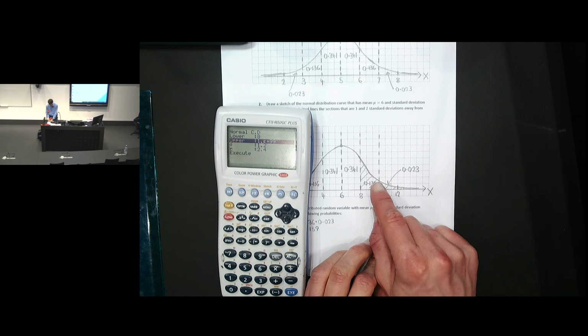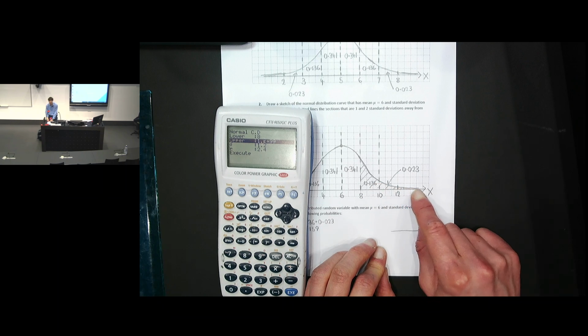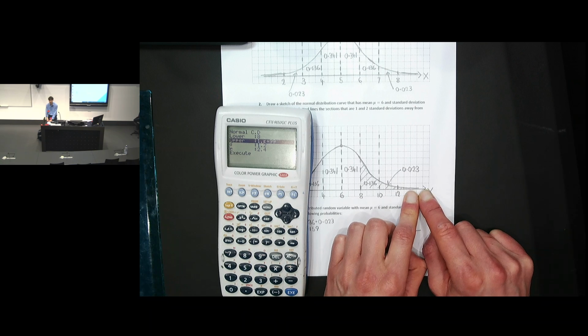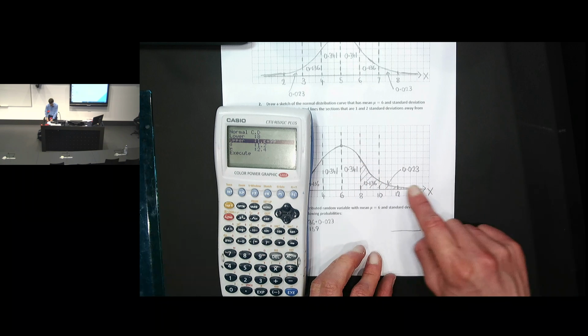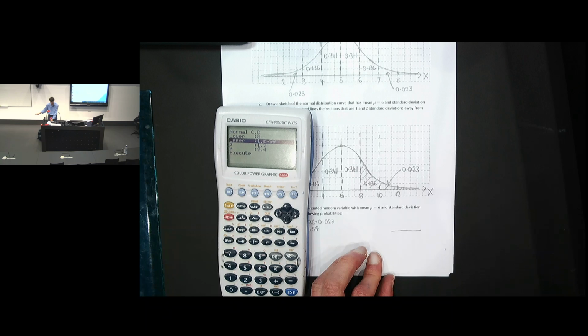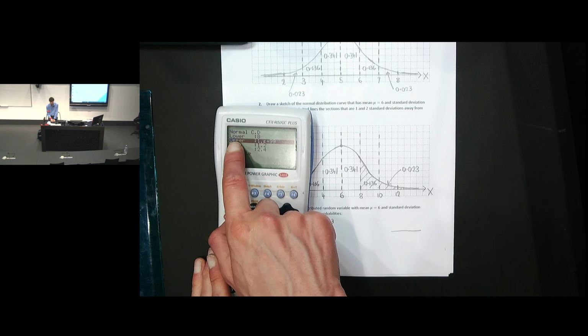Fortunately, this normal curve gets so close to the axis out there that the area way out there is just going to be 0. So I can calculate this area out to infinity pretty accurately just by putting a really massive number in for my upper.